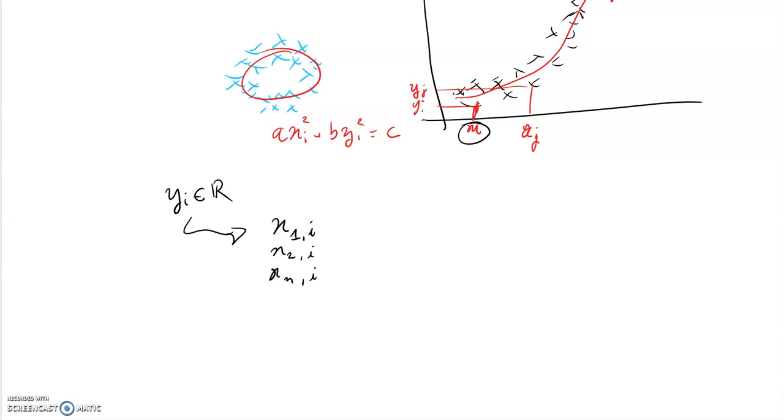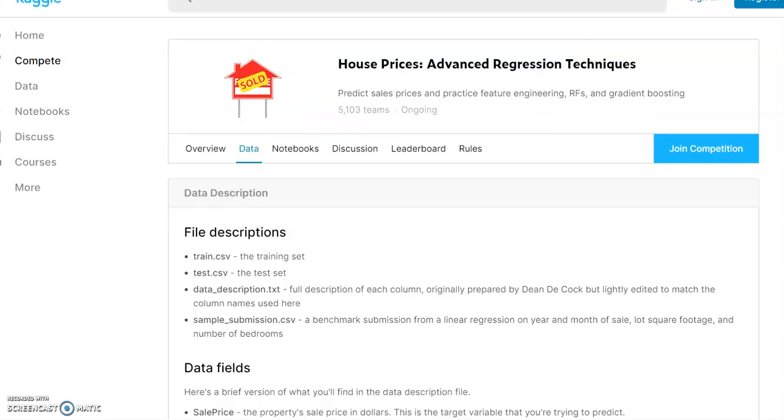Maybe you have the product of two of those, x1i times x2i. Maybe you want the square of one of those, x1i². Well, you've got all this data, and let me give you one very famous and classic example in the field of machine learning.